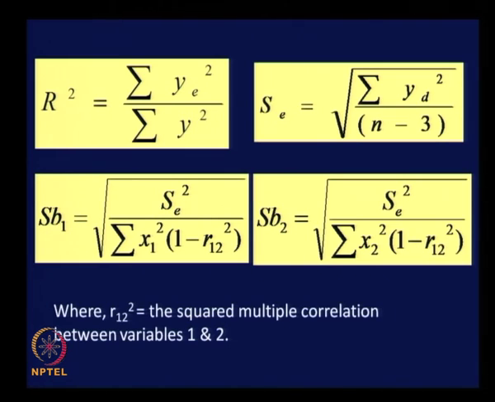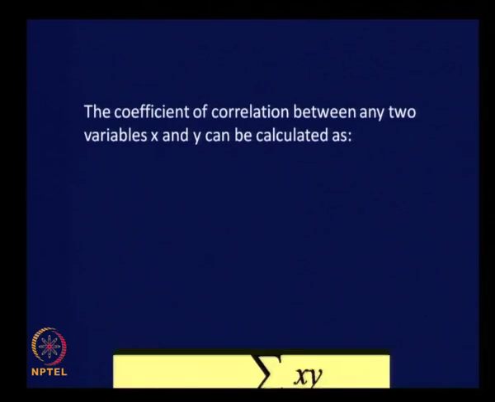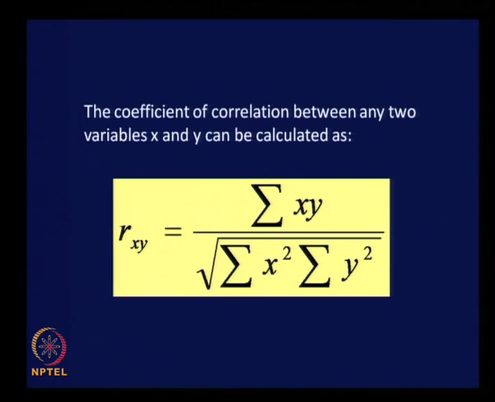You may recall the formula for simple correlation coefficient, the coefficient of correlation between any 2 variables x and y. Let us not confuse this x and y with our dependent and independent variables. This is just 2 variables x and y. To understand the concept, we calculate Rxy equal to sigma xy divided by square root of sigma x squared into sigma y squared.